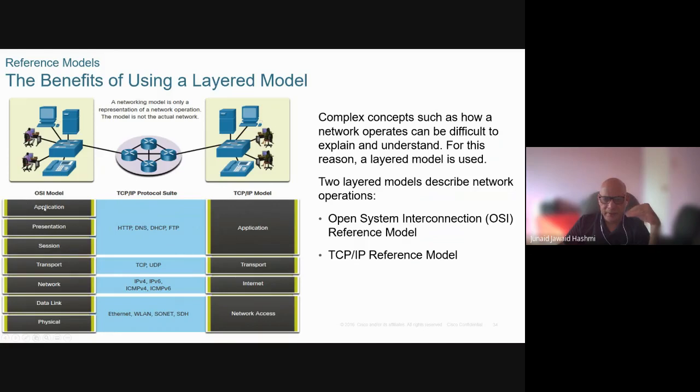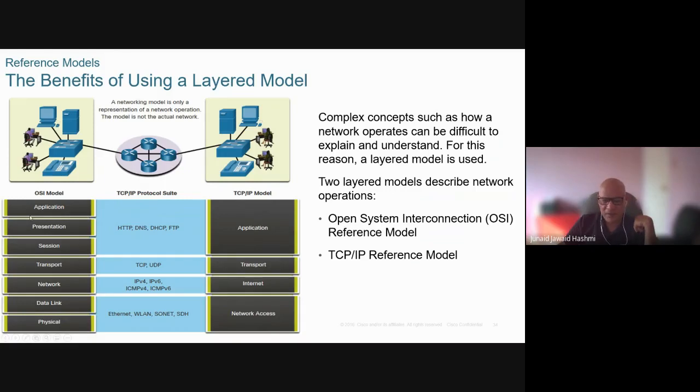They combined application, presentation, and session into one application layer. Transport is still transport, the network layer is called internet, and they combined data link and physical layer into network access.